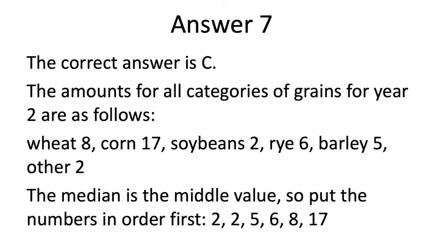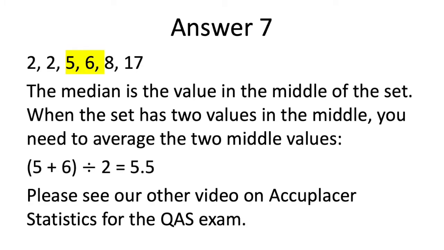The correct answer is C. Now pause to read the explanation. The explanation continues on the next screen. Here is the final part of the answer to question 7. If you have found this question difficult, please see our other video on Accuplacer statistics for the QAS exam.